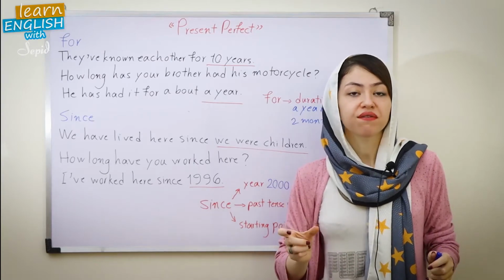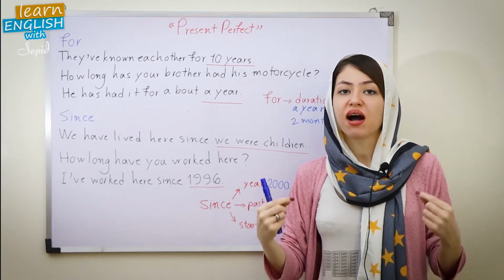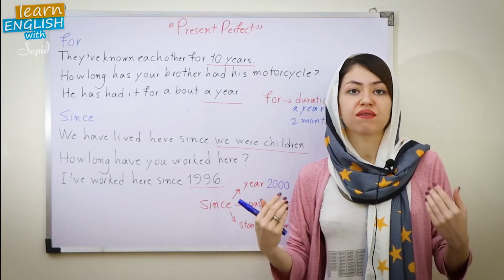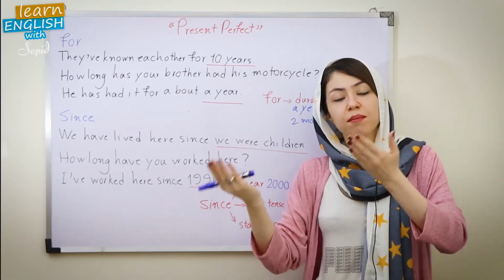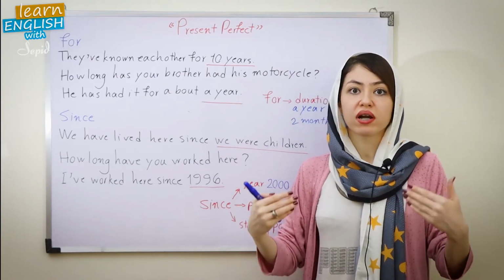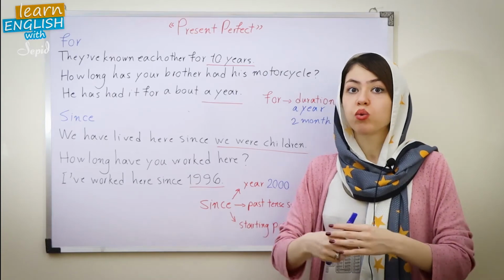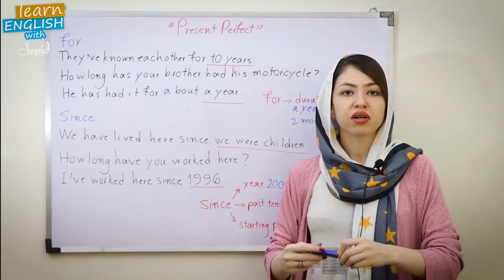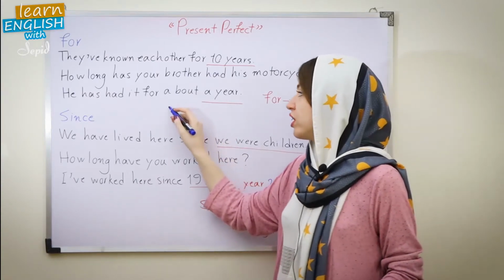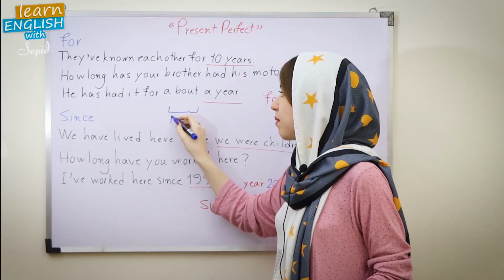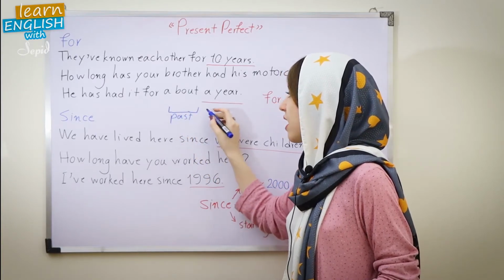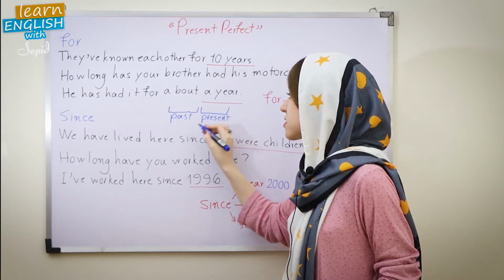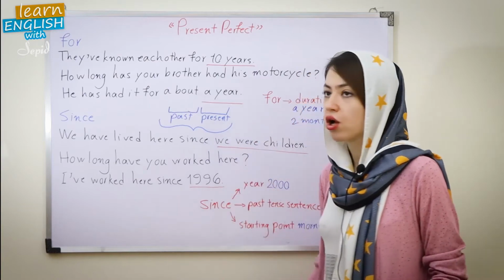So in present perfect, unspecified time is necessary. If we don't use unspecified time, it's going to turn out to be the past tense, okay? So we are not going to talk about the past tense. We want to talk about present perfect. What is present perfect? Present perfect is a tense which considers past tense and present tense as a single tense, okay?